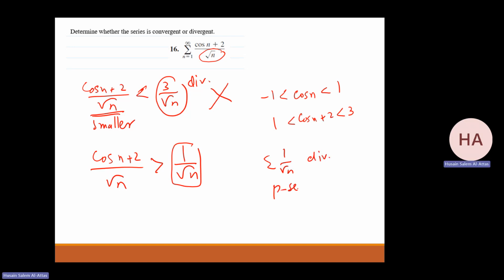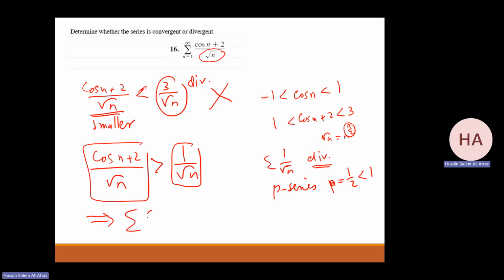It's a P series with P equal to half. Square root of n is n to the power half. I'm concerned about this power. They call it a P series. So I know this is less than 1, so it will be divergent. And this series is greater than this one. So for sure this series diverges.